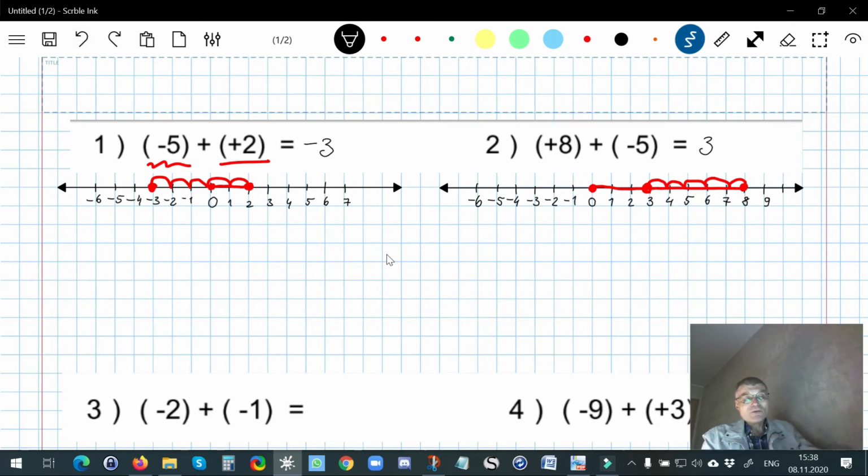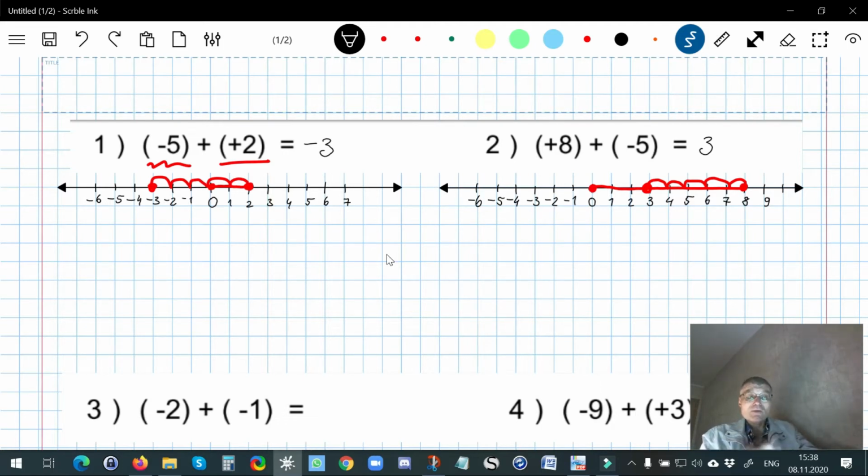What do we do next? We just take the greatest absolute value and subtract, as the signs are different. We have a negative sign here and a positive sign here. So the signs are different, so we just subtract the smaller absolute value from the bigger absolute value.